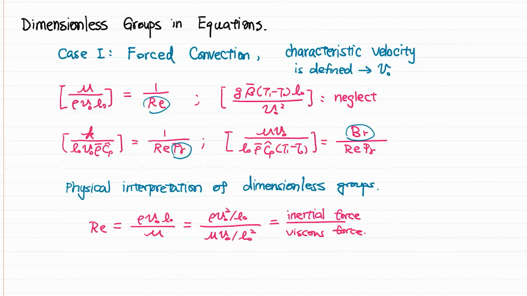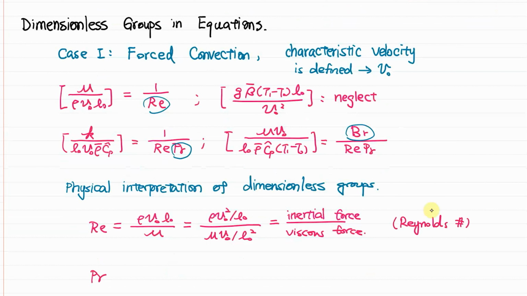So the Reynolds number is a good indicator of whether viscous forces are important in your system or not in the equation of motion. Okay, and now let's take a look at the Prandtl number.